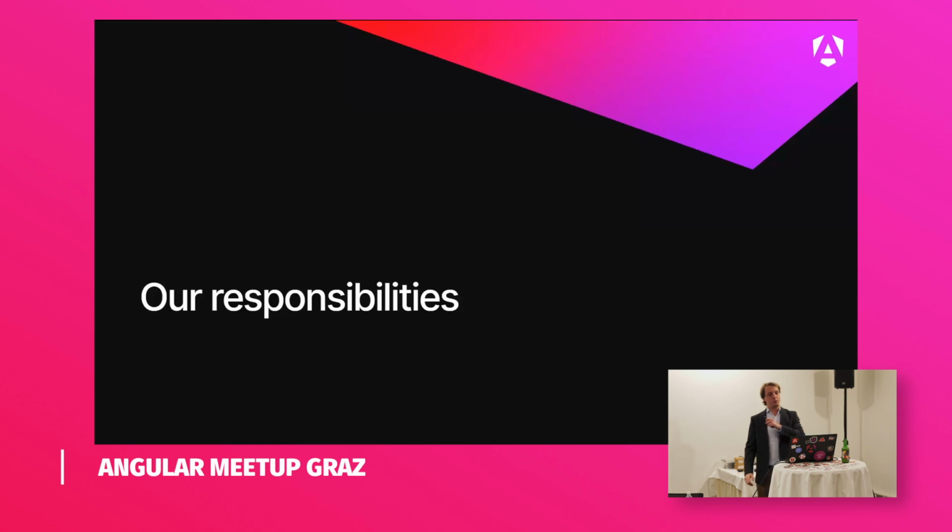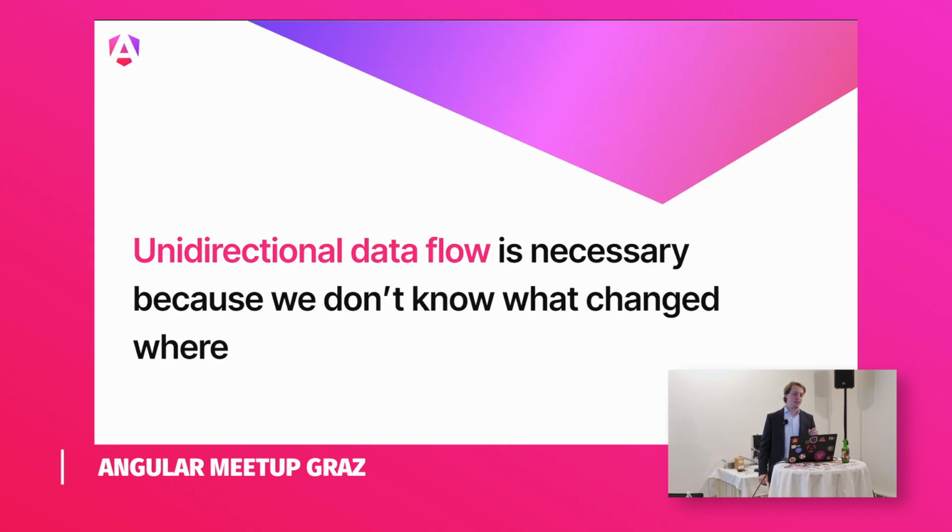But when we do change detection, there is also a responsibility toward the developer. It is unidirectional data flow. It is necessary because we don't really know where the change happened and what happened and where.